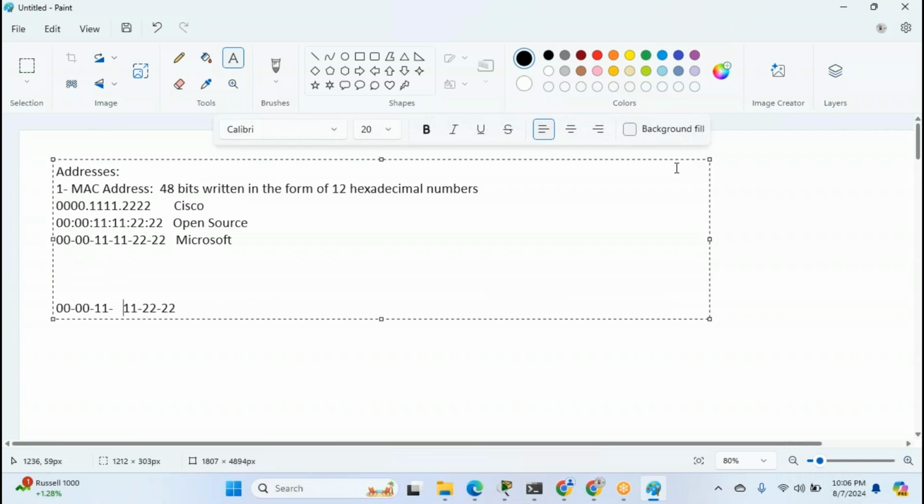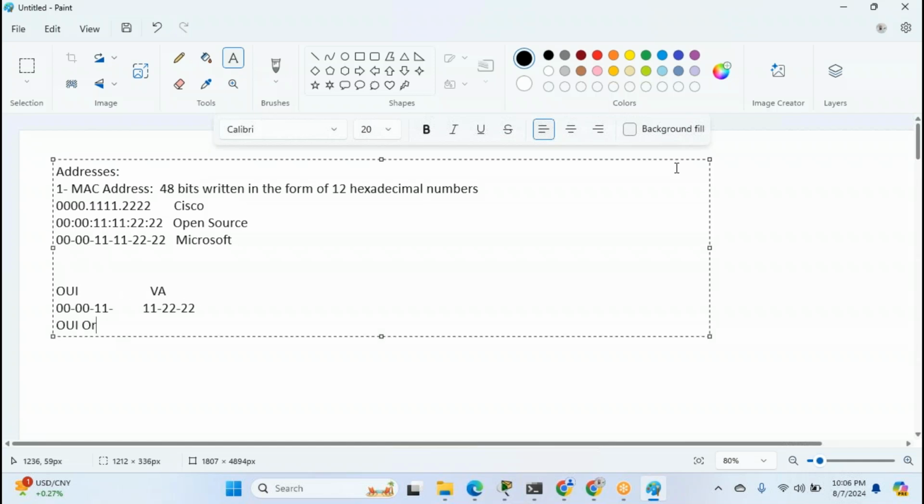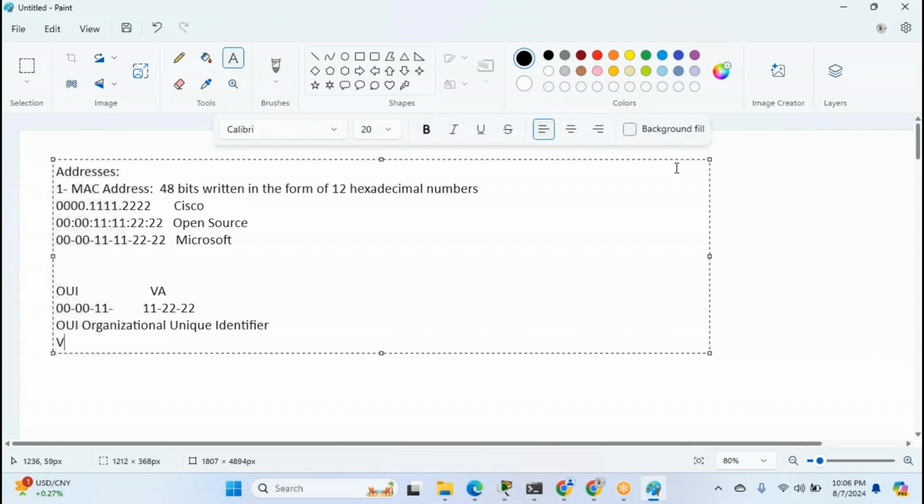The first 24 bits or 6 hexadecimal numbers is called OUI, organizational unique identifier, and the next 6 hexadecimal numbers, 24 bits, is called VA, vendor assigned.